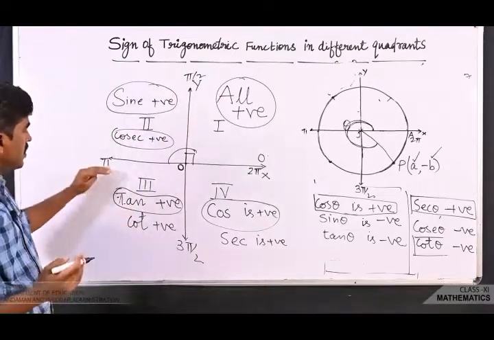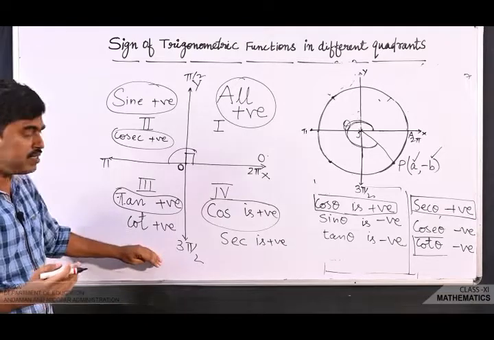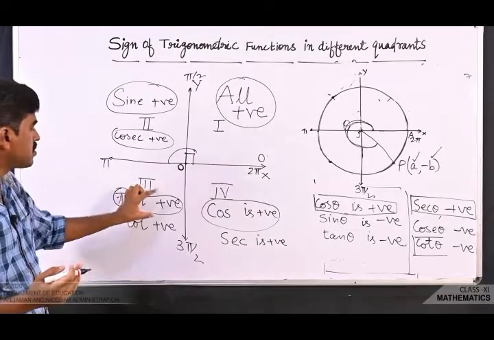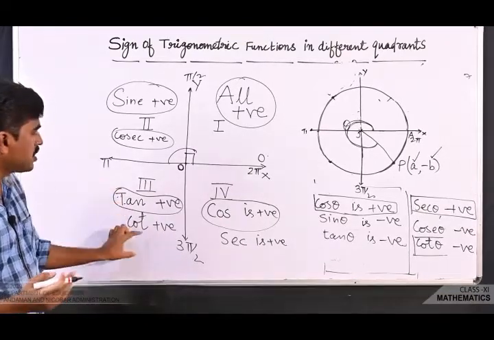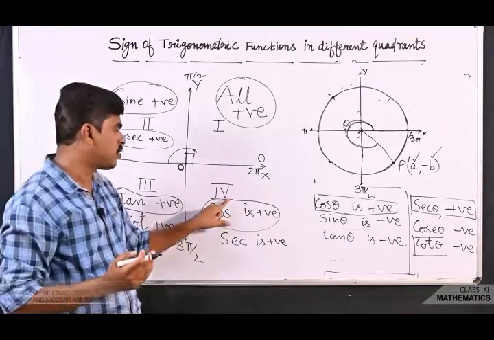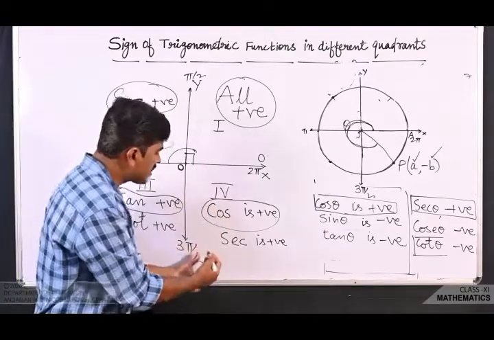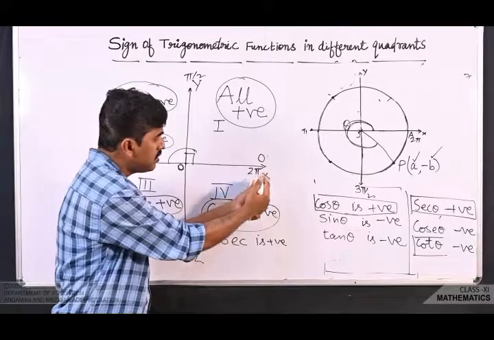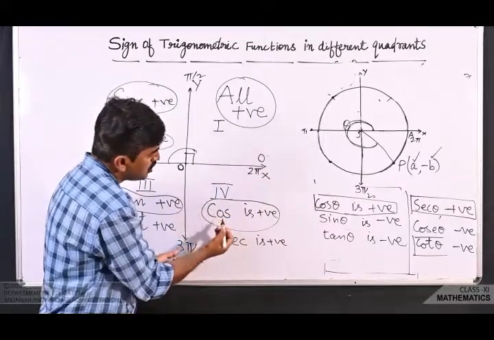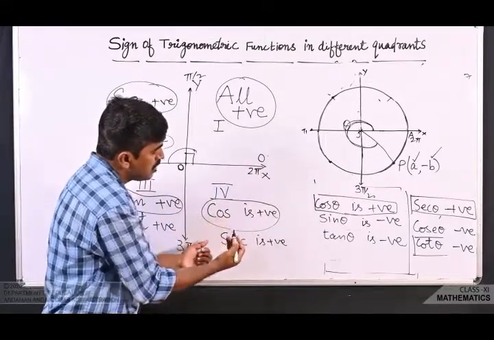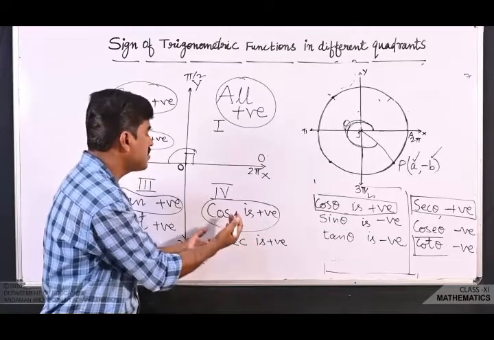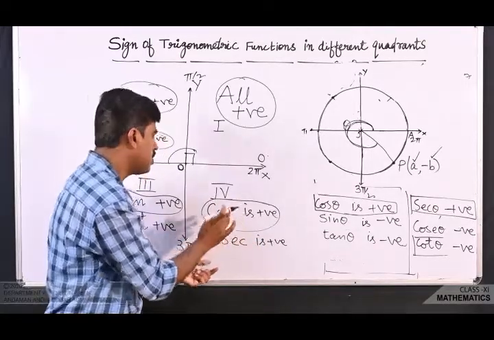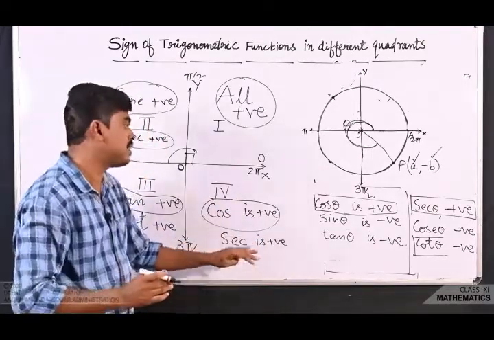In the third quadrant, theta is greater than pi and less than 3 pi by 2. Here tan is positive and cot is also positive. And in the fourth quadrant, theta is greater than 3 pi by 2 and less than 2 pi. Cos is positive and sec is also positive, as sec is the reciprocal of cos, and all the other trigonometric functions are negative there.